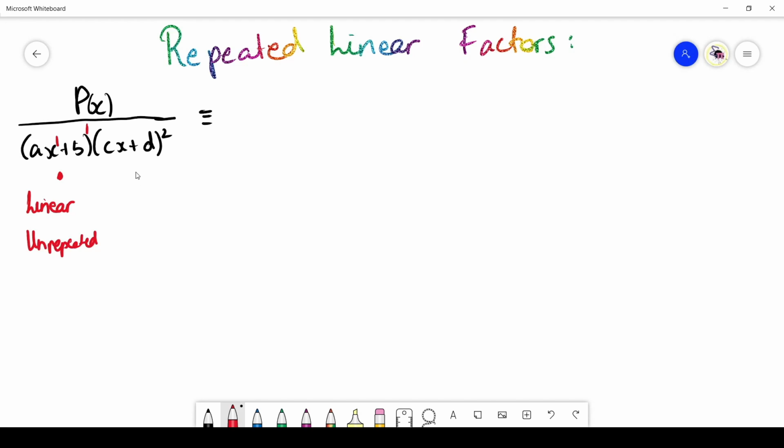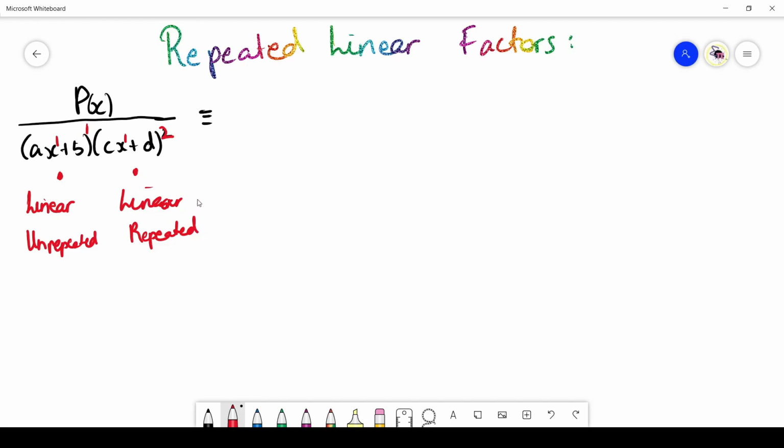But if you look at your second factor, you'll notice within the bracket once again, that x is to the power of 1. So it is linear, but when you look at the power outside, you're seeing 2. That is how you recognize when something is linear, but the factor is repeated. This is something students confuse a lot.